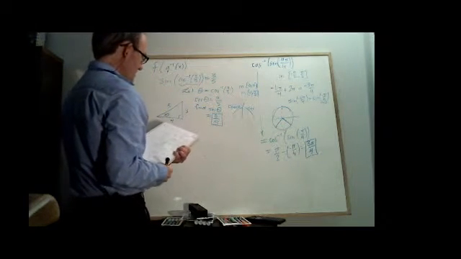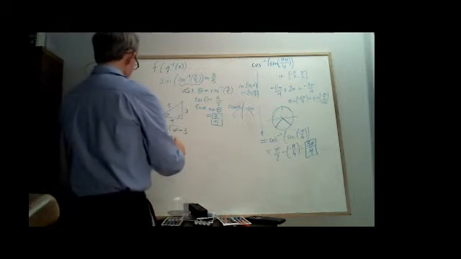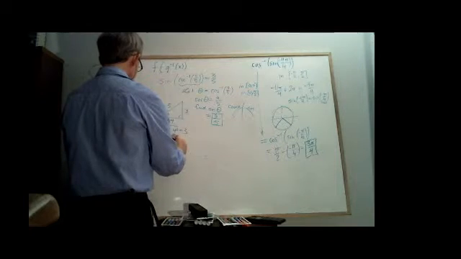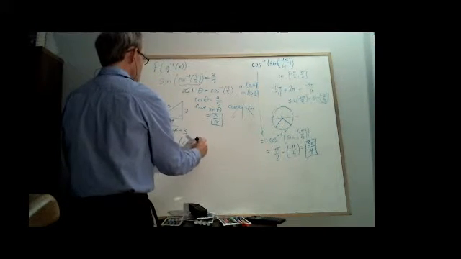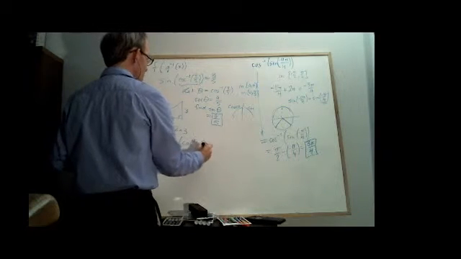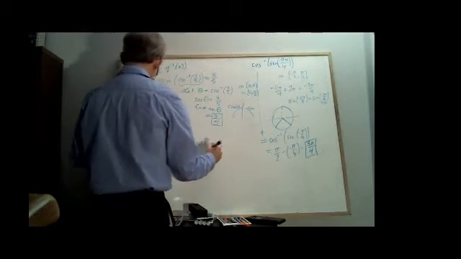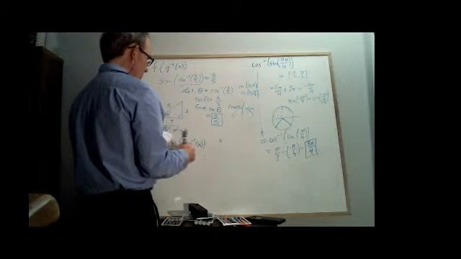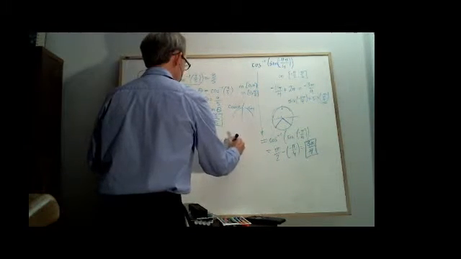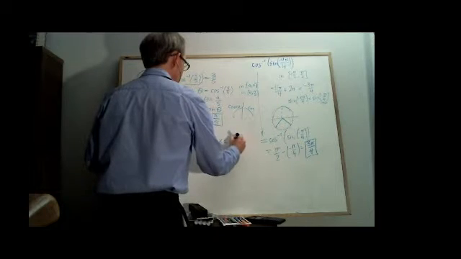Okay, so what is this in general? If you're evaluating sine of the cosine inverse of x, x has to be in the domain -1 to 1 for this to work.